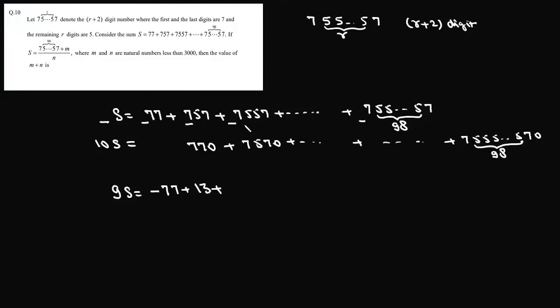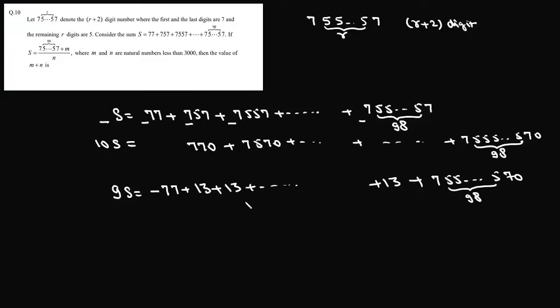Now here also 75 is of no use. 70 minus 57 is again 13. I will continue up to this term, which is 13 plus this 7, 5, 5, 5, 98 times, and then this is 70.